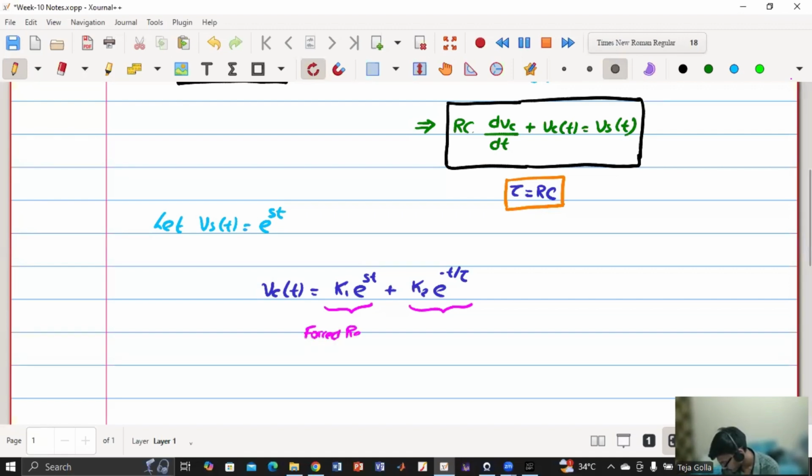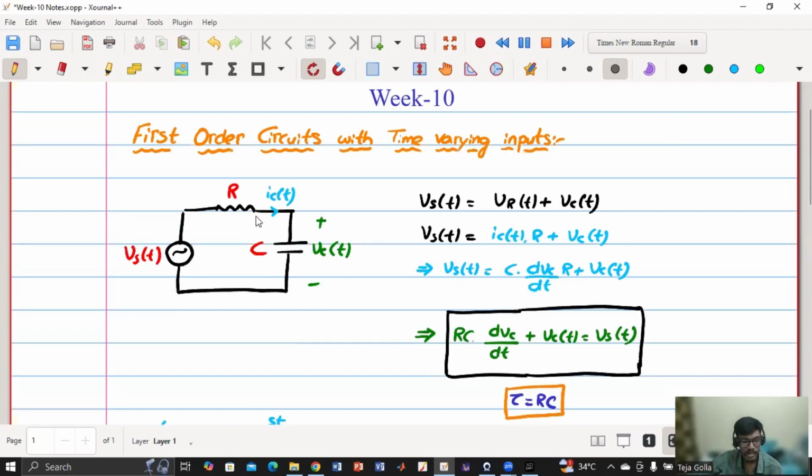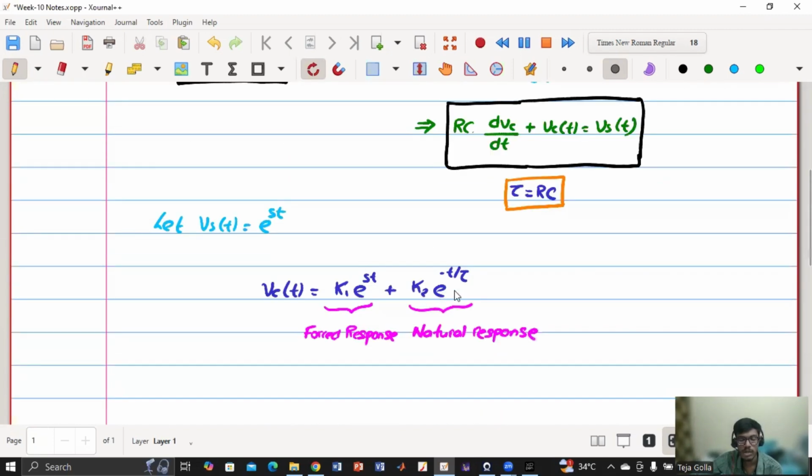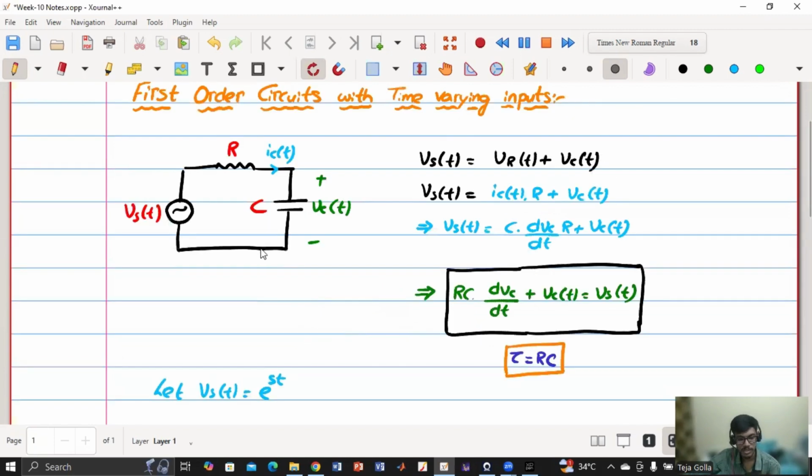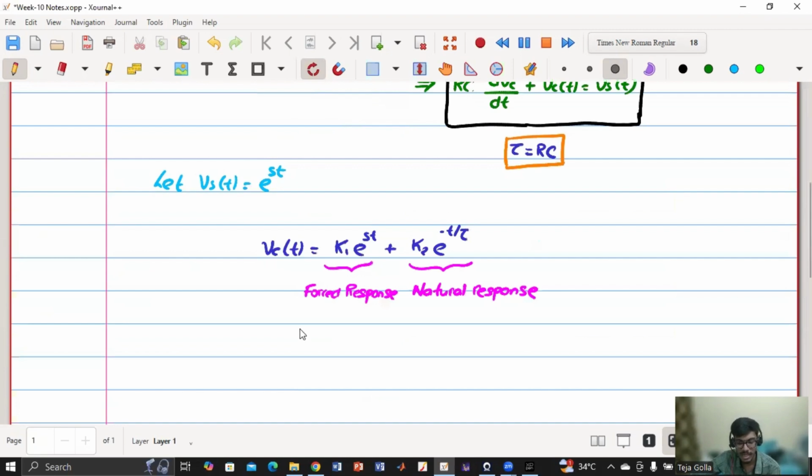The second is the natural response: because of the circuit dynamics, this term will eventually decay out with time, but the first term stays as long as the input is there.